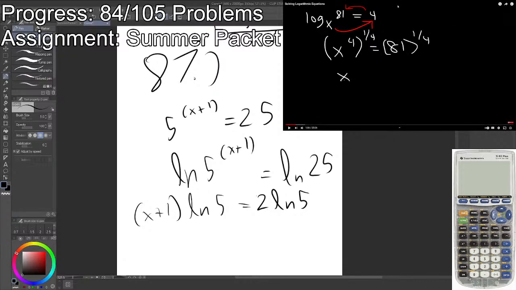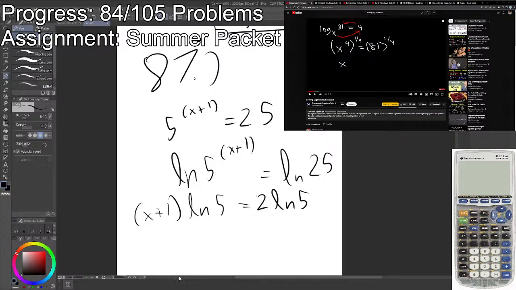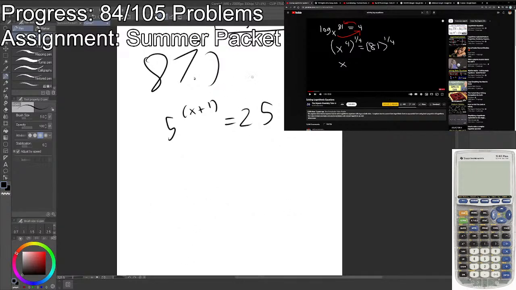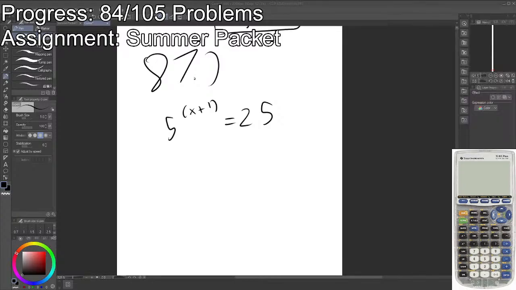I'm just x equals 4. How else can I show it? Wait, I know.